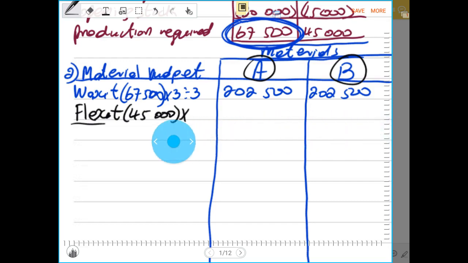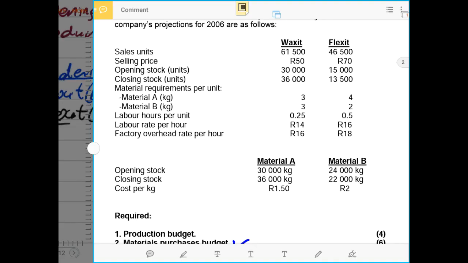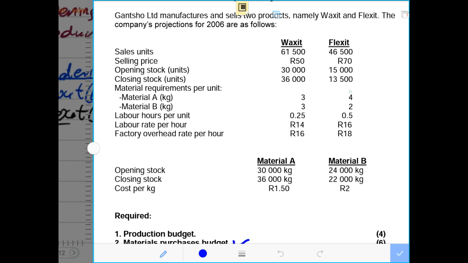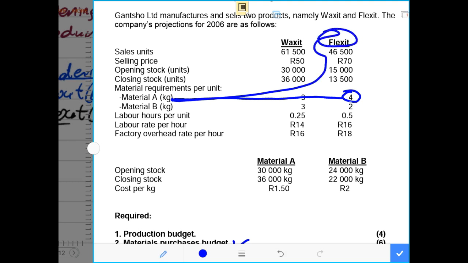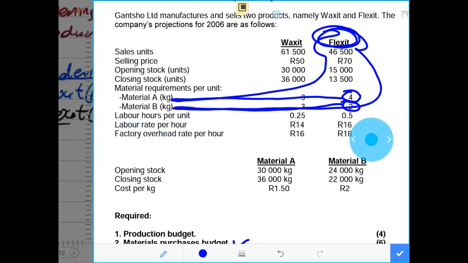So we know that we need 4 kgs of material A in order to manufacture product Flexit, and we also need 2 kgs of material B in order to manufacture product Flexit. So now we are allocating this based on the kgs that are needed to manufacture each product.